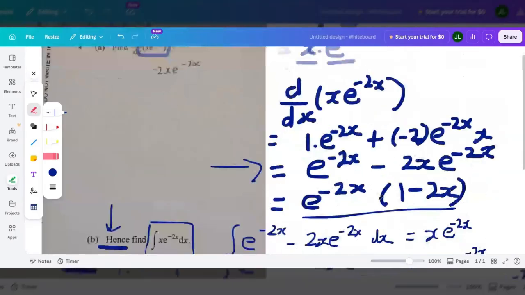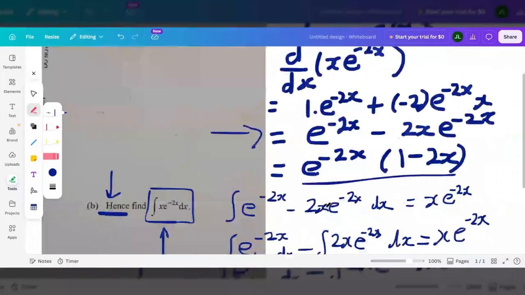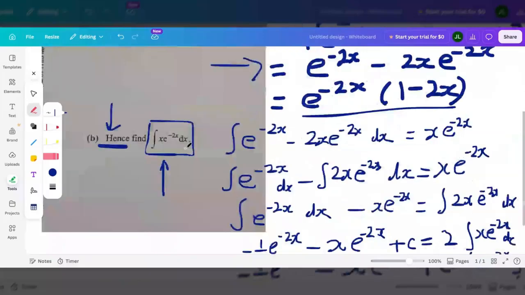Now remember, part B says hence, which means you need to use the answer that you have found. This is the answer that we have found, but it's nowhere near this thing that I boxed up. But if you expand back to where it was over here, you realize that this part over here kind of looks like this.